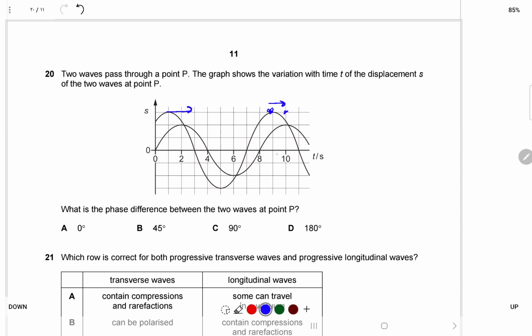The total length of the waves is 8 squares: 1, 2, 3, 4, 5, 6, 7, 8. So that's the wavelength, 8 small squares, and 1 square is the difference. So 1 over 8 times 360, the total degrees in one wave or one cycle, and this is 45. Option B is the correct answer.